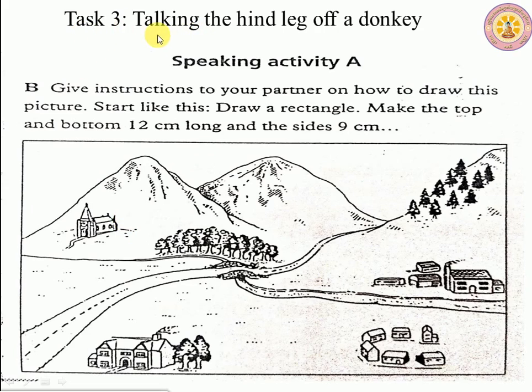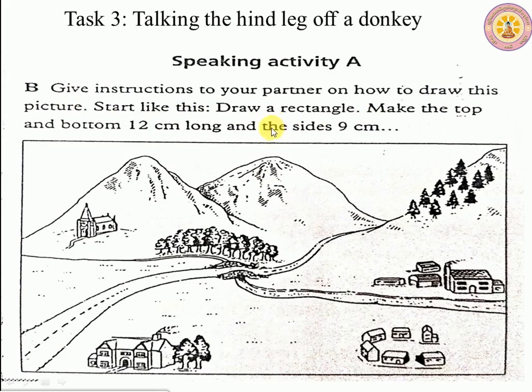Academic task 3: Talking the hind legs of a donkey. This is a kind of speaking performance. Students give instructions to your partner to draw pictures. Start like this: draw a rectangle.